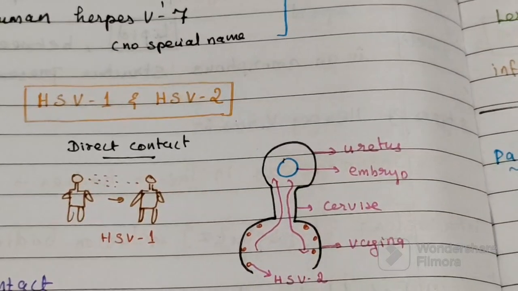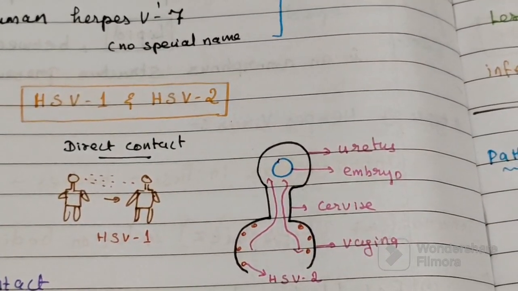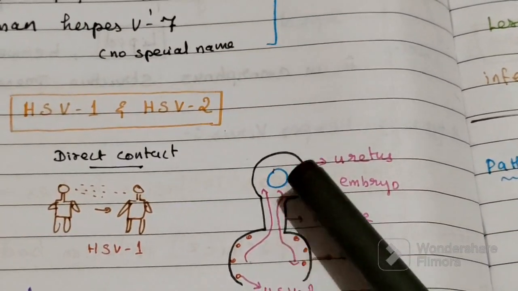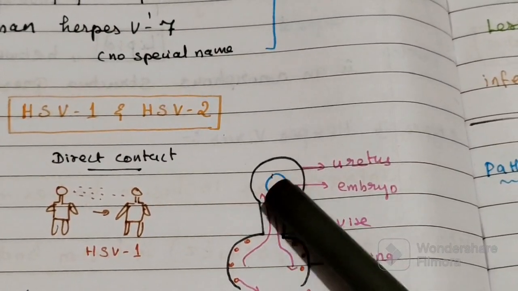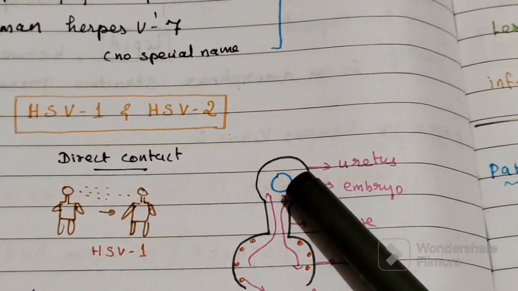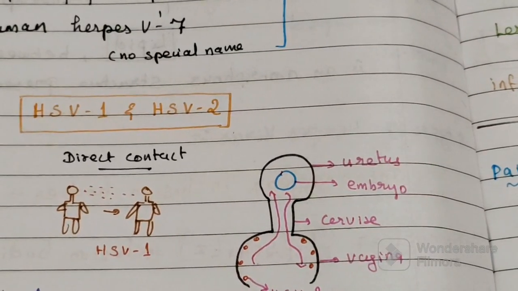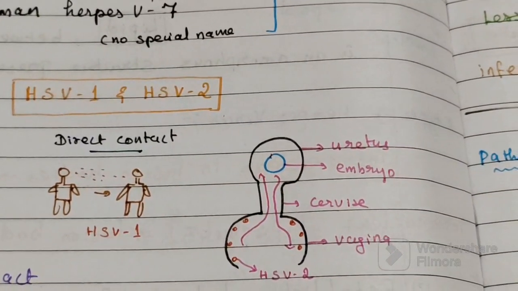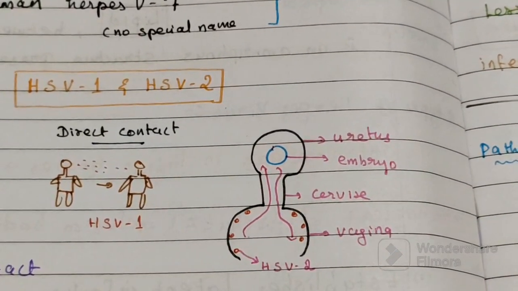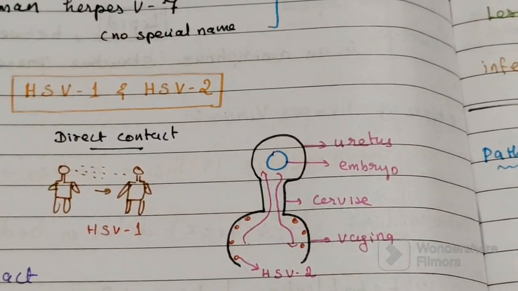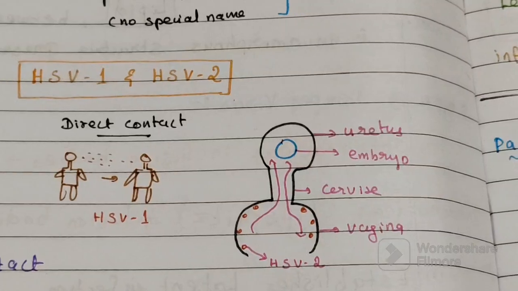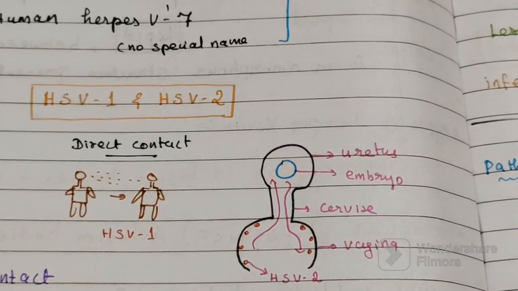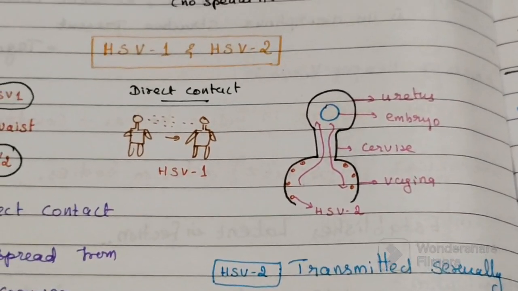If the mother is not treated during pregnancy, at the time of labor when the baby comes out of the vagina, the herpes virus can enter the baby and cause disease. That is congenital or neonatal herpes. So it is transmitted through sex from one partner to another, or from maternal genital infection.